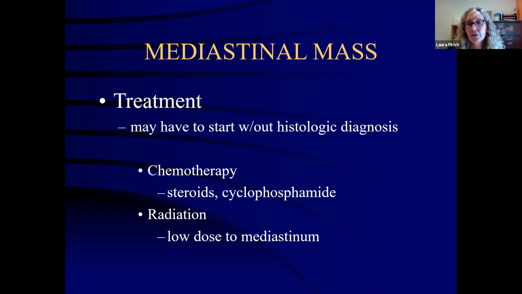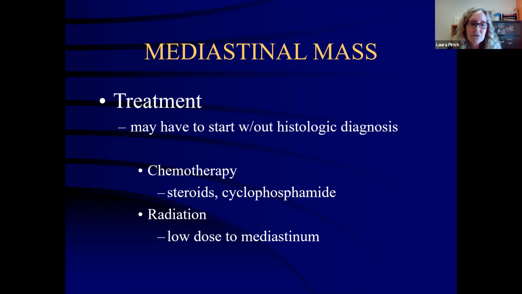Most of the things that we talked about are in the lymphoma leukemia category, and steroids work very well for B-cell leukemias, lymphomas, T-cell leukemias and lymphomas. So that often is what we will start in a patient that for whatever reason we can't get a histologic diagnosis. Radiation also works really well to treat and shrink mediastinal masses.